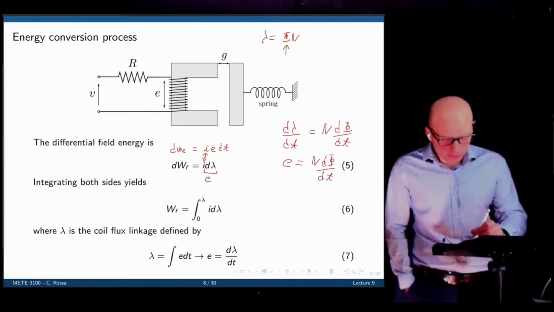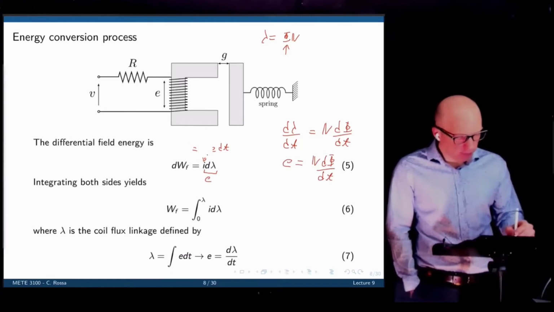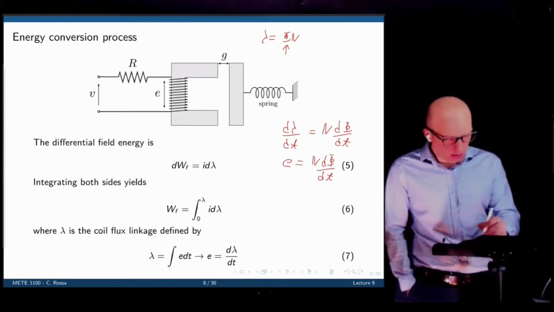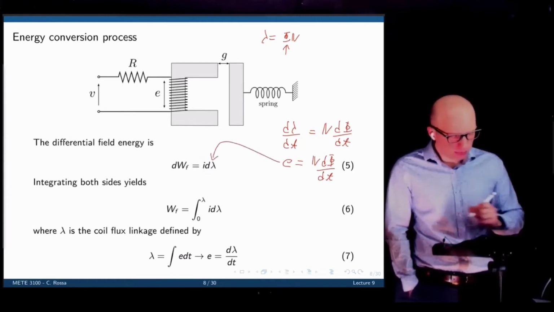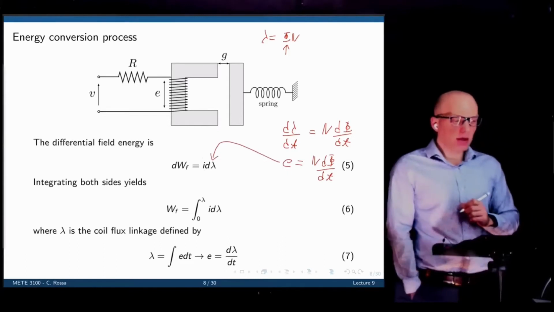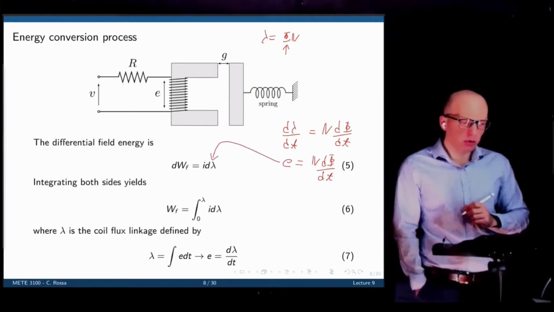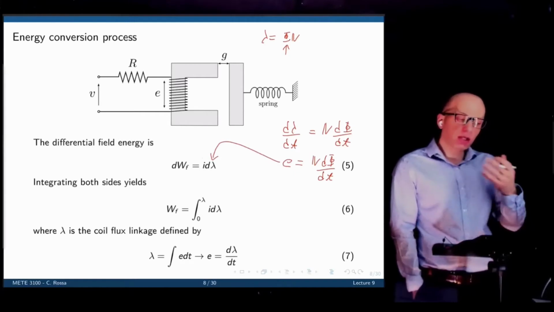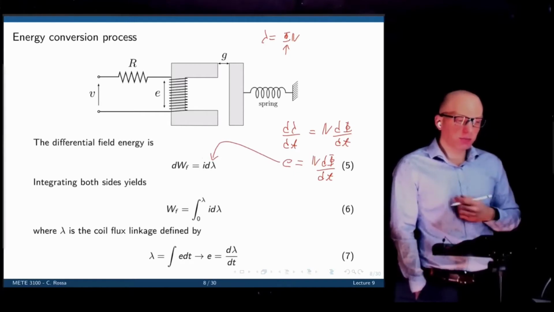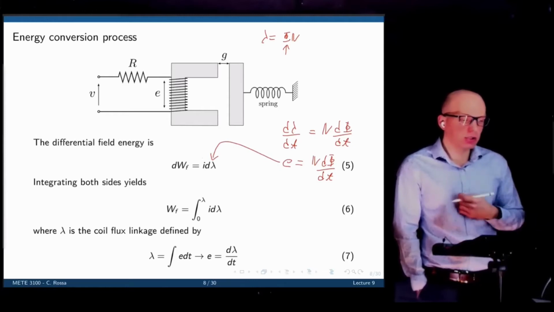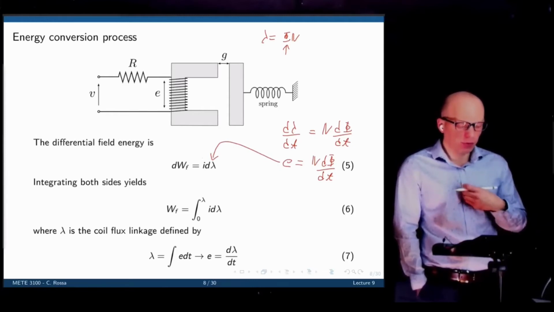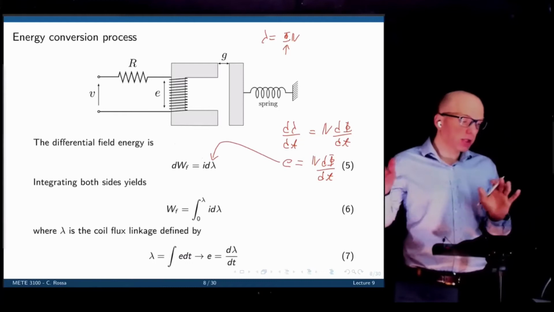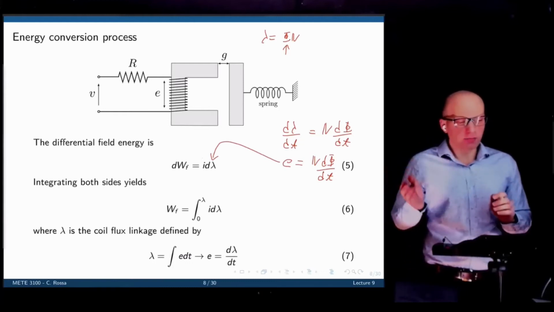So d lambda dt is simply the EMF induced in the core through changes in the magnetic field. If you now take the integral of that, the energy is stored in the form of magnetic field. So we can make an analogy with the electrical part where we have I times the voltage.